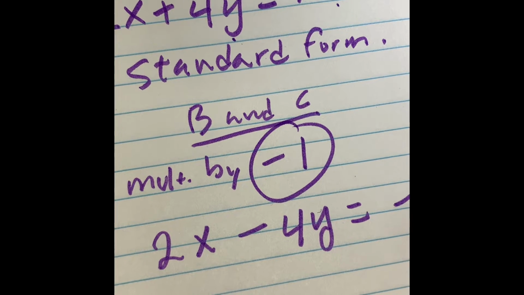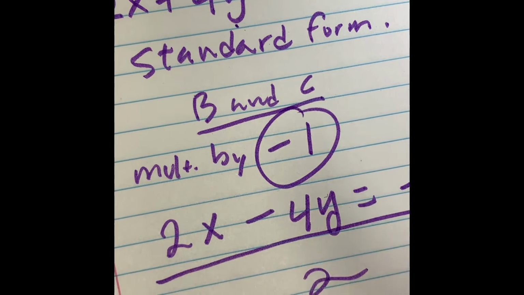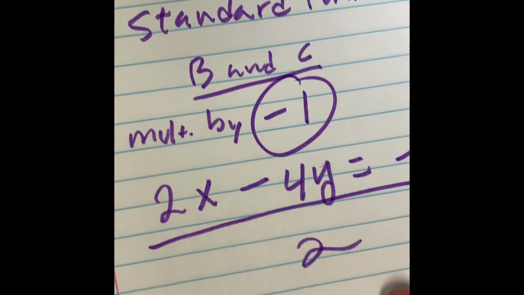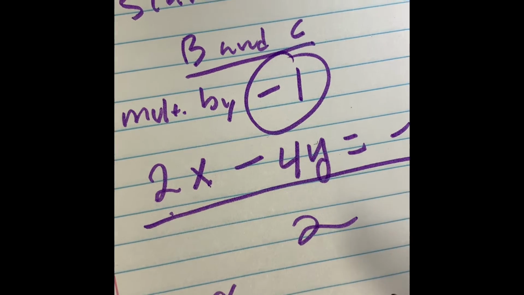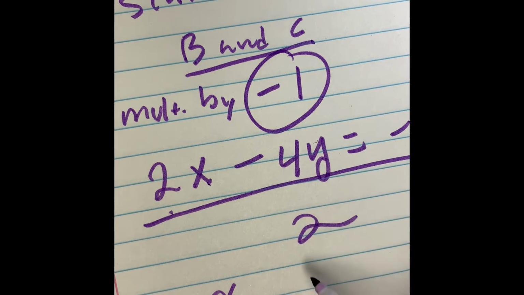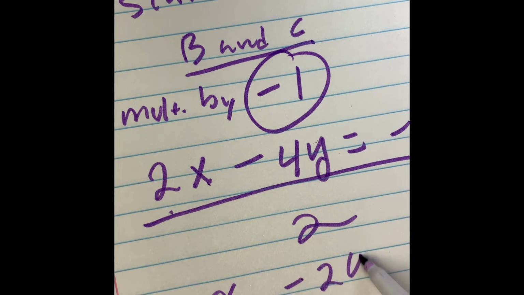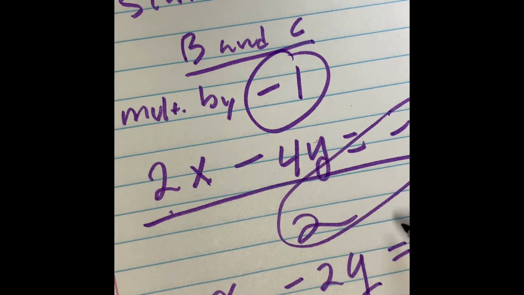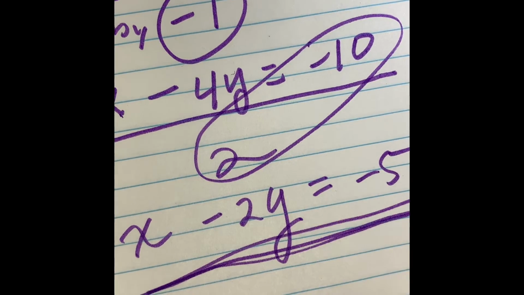What is the common factor? 2. So can I just divide the whole thing by 2? So 2x divided by 2 is x. And -4y becomes -2y, right? And then this one will be -5. So now this is the final standard form.